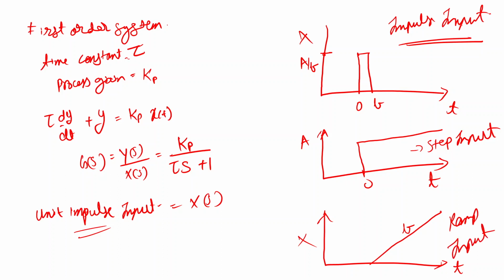So corresponding to the step input, we can write the transform of the input as X of s equal to a upon s. Now in our question, we have been given a unit impulse input.